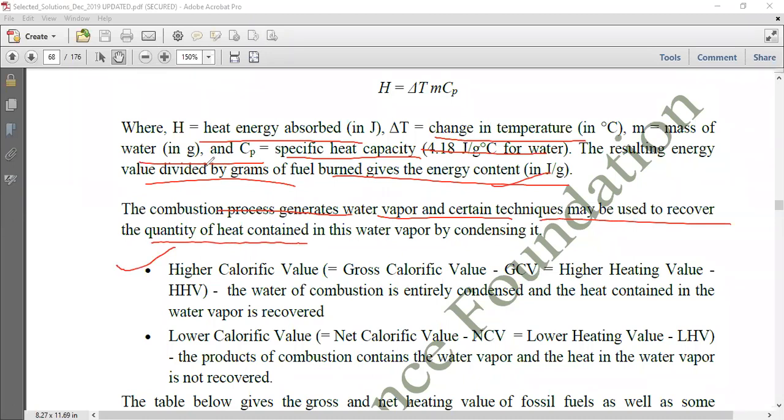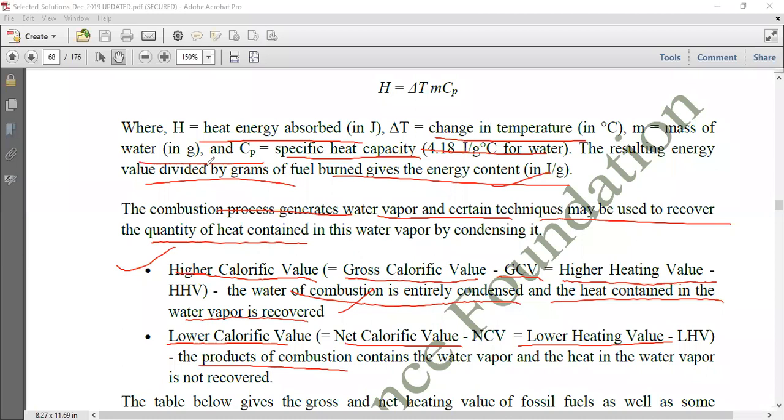So here we have the higher calorific value or the gross calorific value or GCV, or we call it the higher heating value also. The water of combustion is entirely condensed and the heat contained in the water vapor is recovered. Means here we will count that heat. In the case of lower calorific value or net calorific value or lower heating value, they are the same.